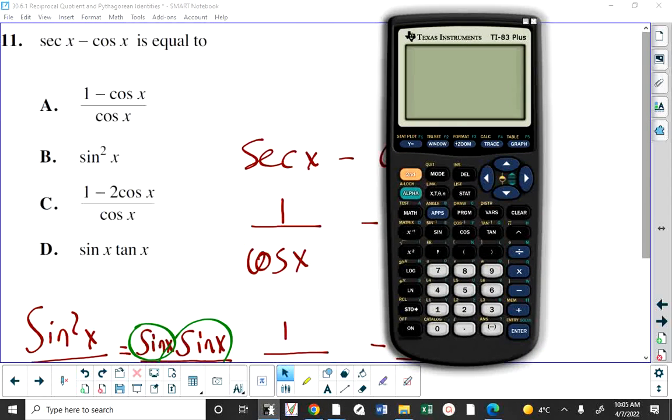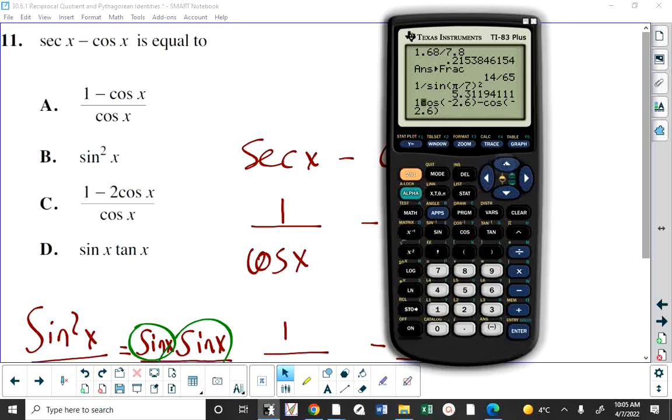One of these four expressions is the same as secant of x minus cos of x. So what I could do is pick a number for x. I could go in radians, pick an obscure number like negative 2.6, and find what the question will give me.